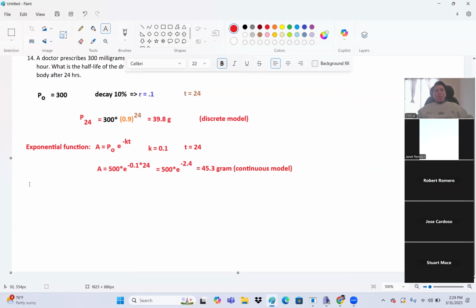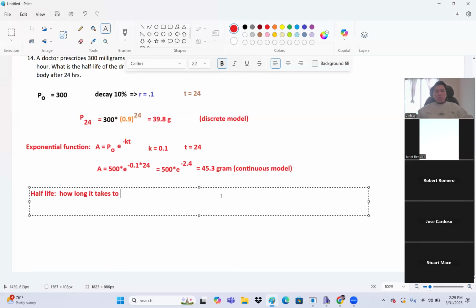Okay. The half-life that we have learned is simply how long it takes to decrease the initial population by half.